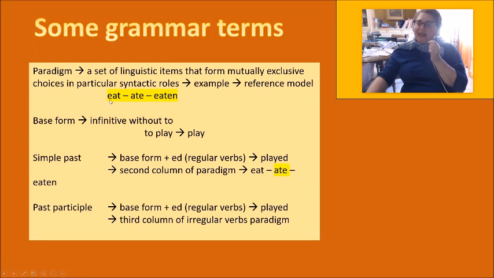So eat is the base form, ate is the simple past, eaten is the past participle. Please memorize these terms. Thank you.